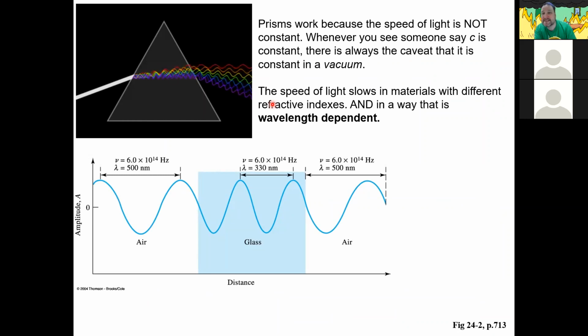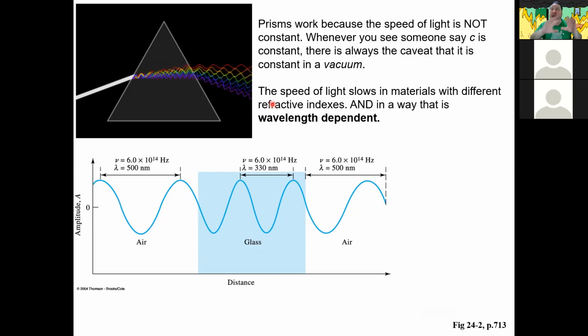Whenever you see someone say c is constant, that's because it is in a vacuum. As you go from one media of one refractive index to another, Snell's law says you're going to bend that light. Well, that refractive index is wavelength dependent. And so blue light is more susceptible to bending than red light is. Blue light's more susceptible to scattering than red light is.